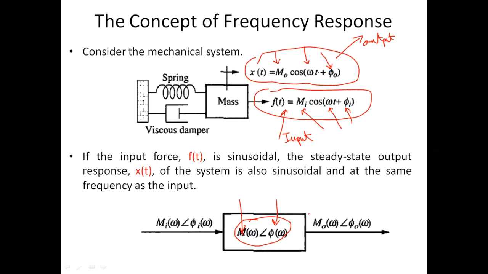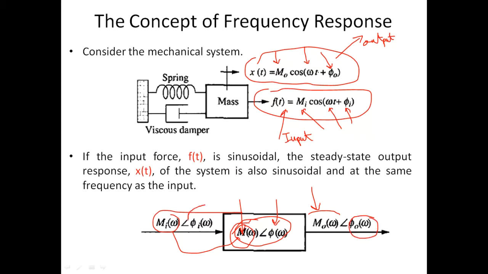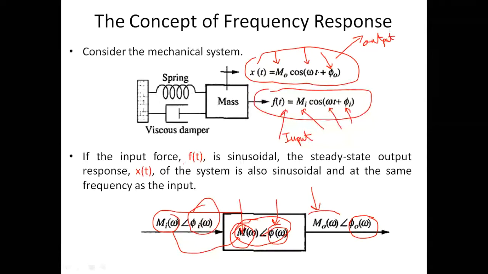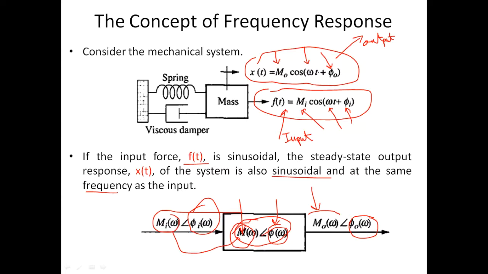Because you will see later that Mo equals Mi times M from the system, and phi O, the output phase angle, equals phi I plus phi from the system. So if the input force f of t is sinusoidal, the steady-state output response x of t of the system is also sinusoidal and at the same frequency as the input.